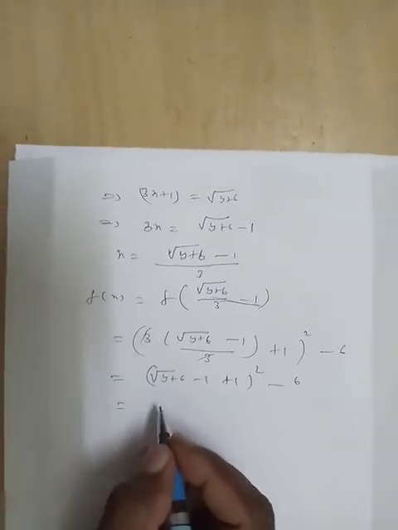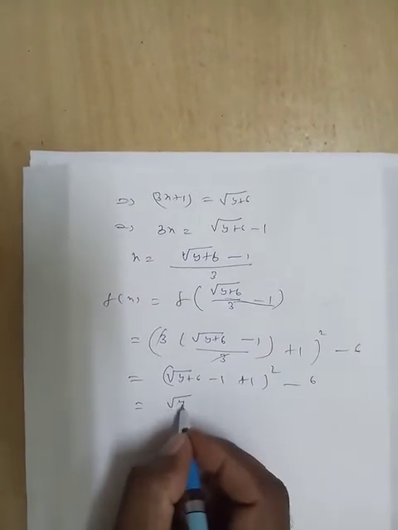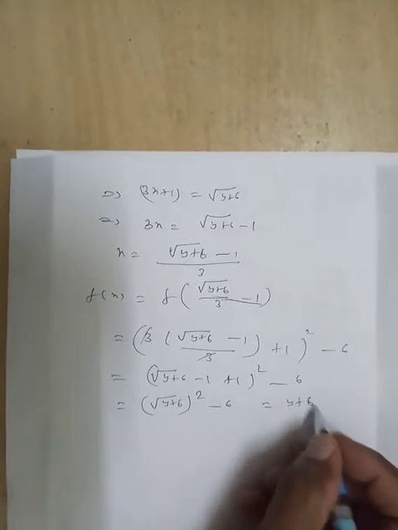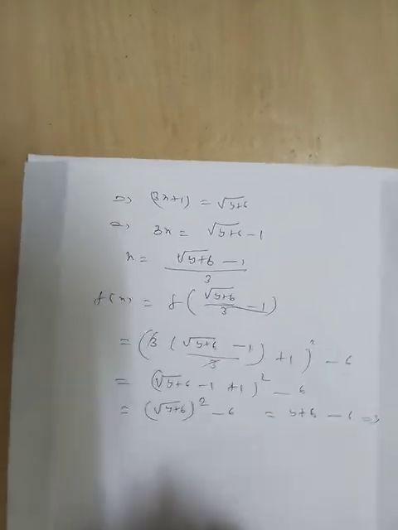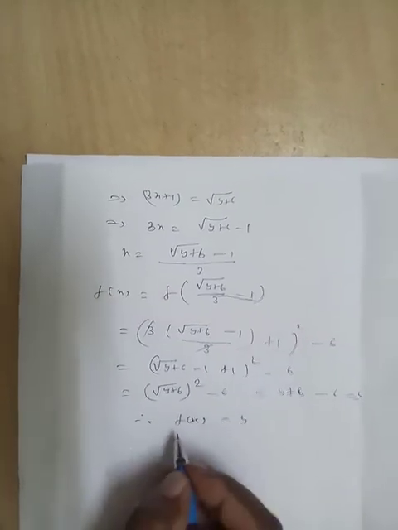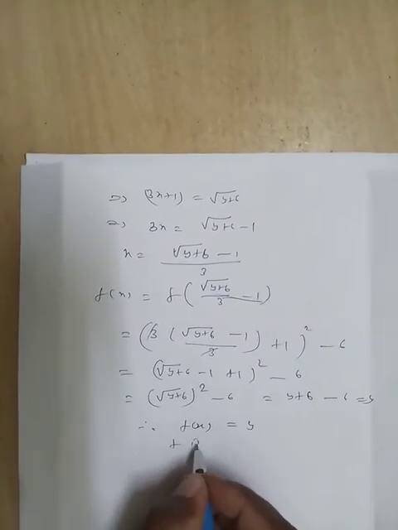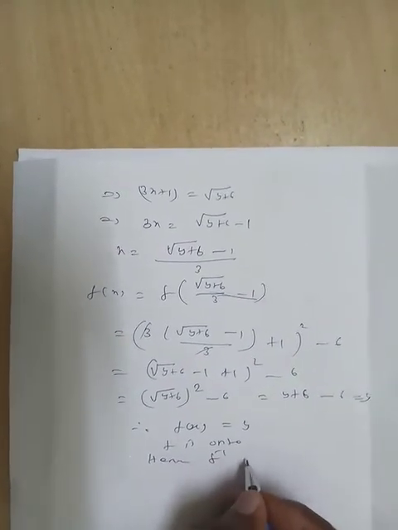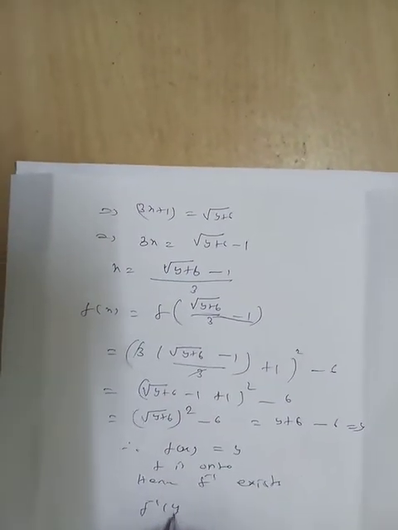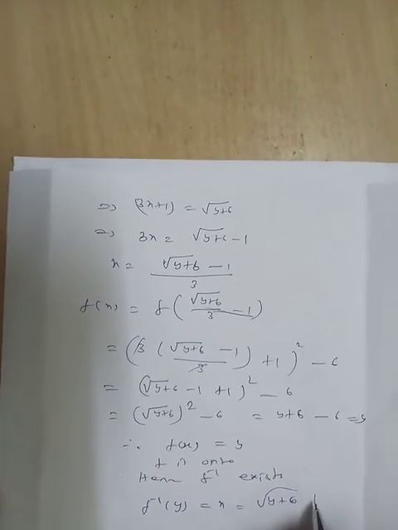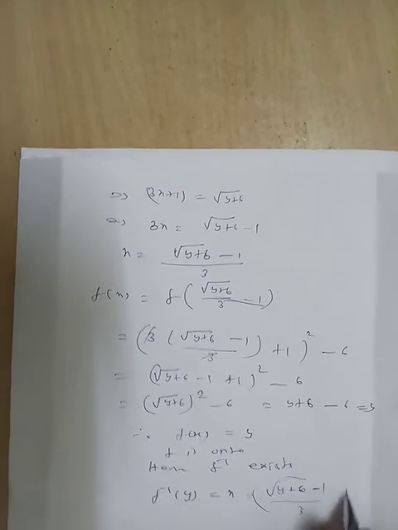Minus 1 plus 1 cancel, this is equal to (y plus 6) minus 6 equal to y. Therefore f of x is equal to y. F is onto. Hence f is invertible, and f inverse of y equal to x equal to (root of (y plus 6) minus 1) the whole divided by 3. That's all.